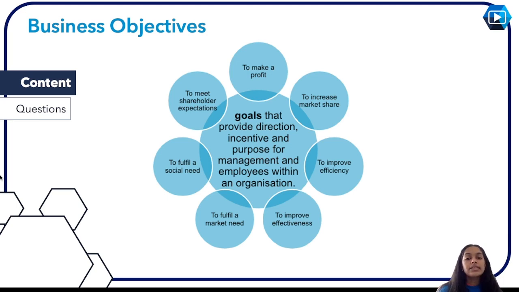Then we have to meet shareholder expectations. It's also important to think about what business objectives would be applicable to the different business structures. With shareholder expectations, it's important to realize that it's only applicable to your private and public listed companies, because your sole traders and partnerships don't have shareholders, they only have owners.